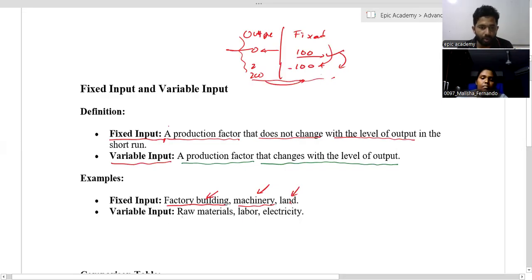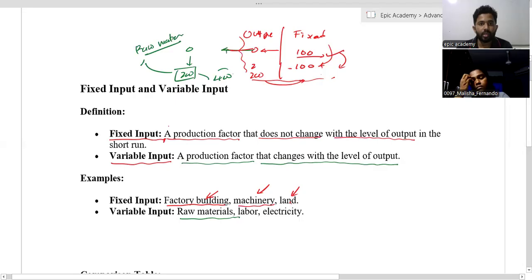As an example, the raw materials. If you are going to produce 0, you need no raw material, isn't it? Then raw material also becomes 0. If you are going to produce 200 commodities, then you need raw materials. If you are going to produce 400 commodities, then you have to double the raw materials.